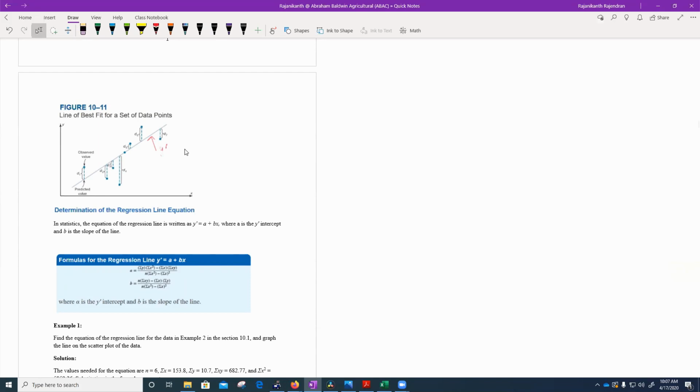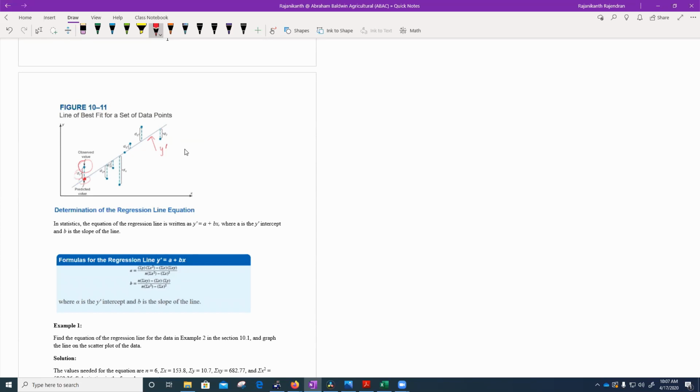But look at this data point. This is the actual data point you have, but this is my predicted line. Suppose you find the point on this predicted line based on your x value. The line is here, my predicted y value is here, and the actual y value is here. The difference between the actual and your predicted value is my residual for this particular point.